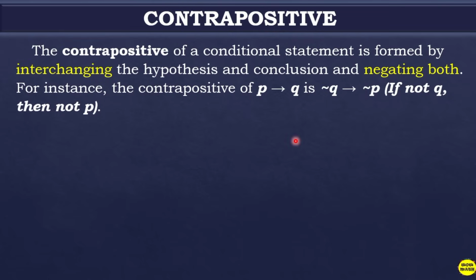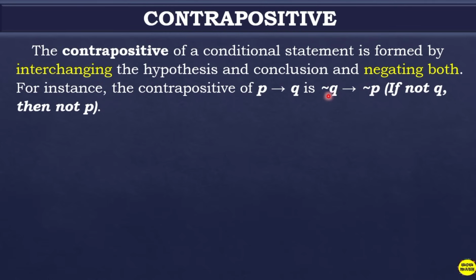So, kung ito ang inyong conditional statement, if P then Q, ang contrapositive natin is i-interchange natin sila. So, Q, P, and then i-negate natin pareho. So, if not Q, then not P.